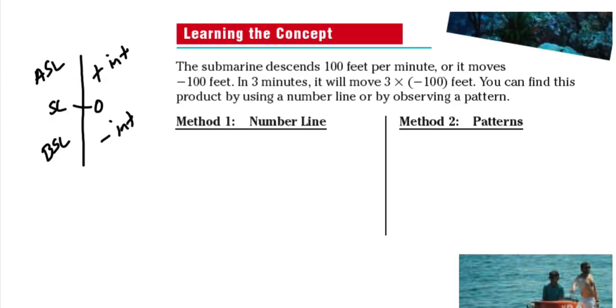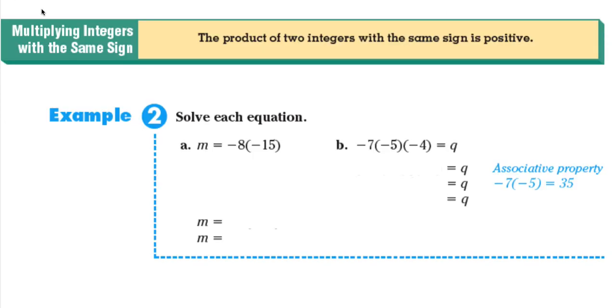Example 2. Basically what it's saying is that if we have two integers being multiplied and they have the same sign, the result will be positive.